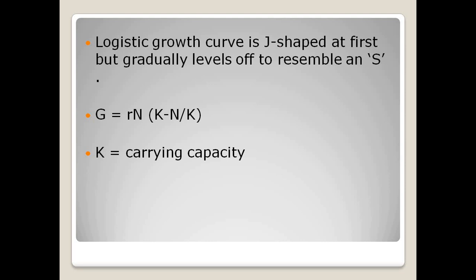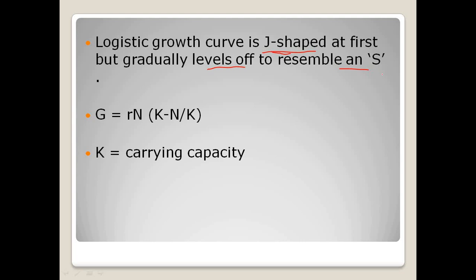The logistic growth curve is initially J-shaped like the exponential growth curve and gradually levels off to resemble an S shape. The curve is S-shaped because after a certain point, when it touches the carrying capacity of the habitat, it gradually slows down the number.